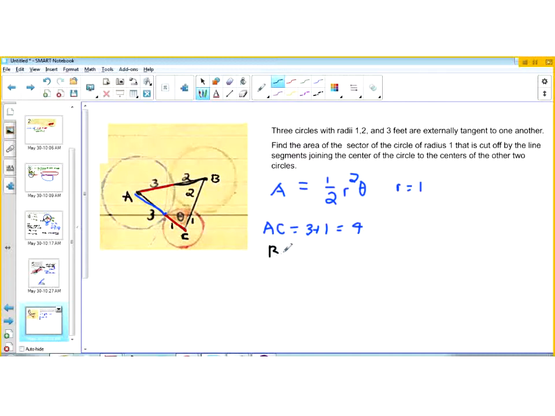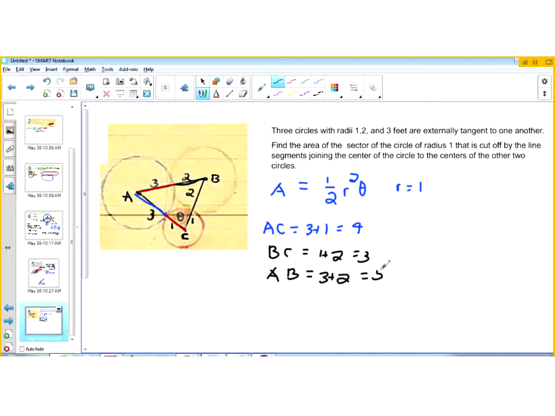BC, the length of line BC, is equal to 1 plus 2, which is equal to 3. Okay, and AB, the length of AB, is equal to 3 plus 2, which is 5.